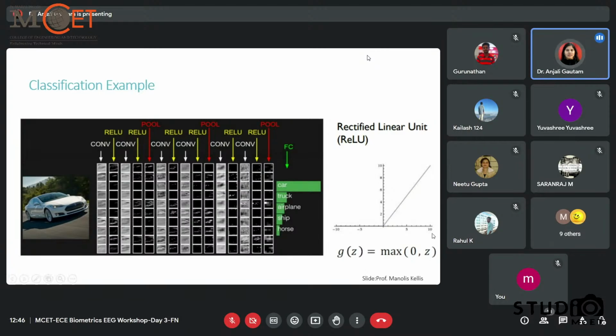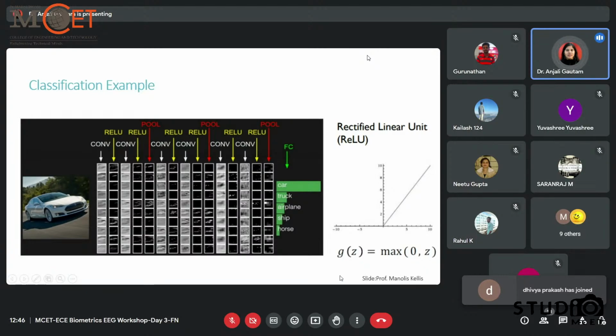This is how the ReLU function looks. This is just the graph of the ReLU function, the activation function. So what will happen here? Just see, after convolution you are getting some grayscale image.